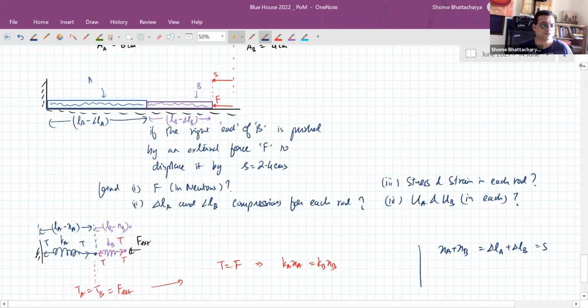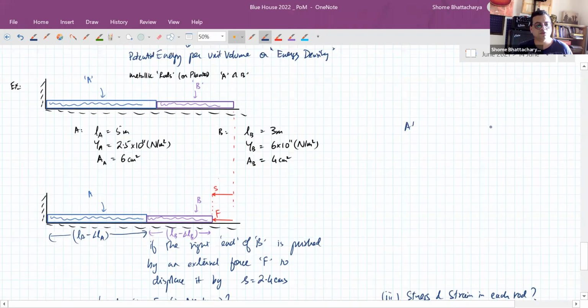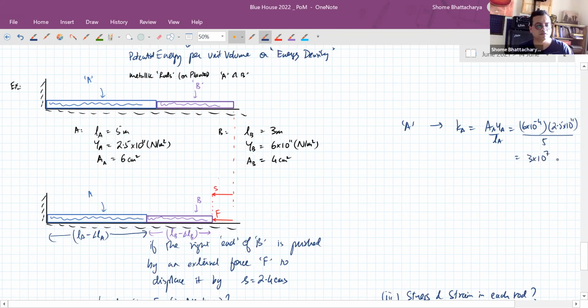Now when we convert this to an equivalent spring, we can see that it has an equivalent spring constant, which is AY by L. So its equivalent spring constant from here is equal to this much. It is 3 into 10 raised to the power 7 Newton per meter. So this rod will act like an equivalent spring of this much constant.